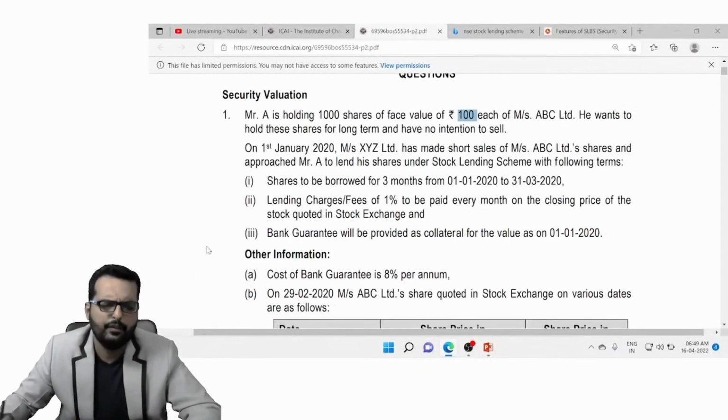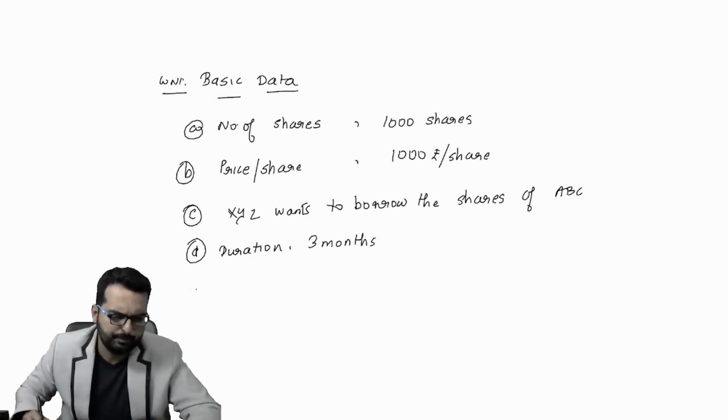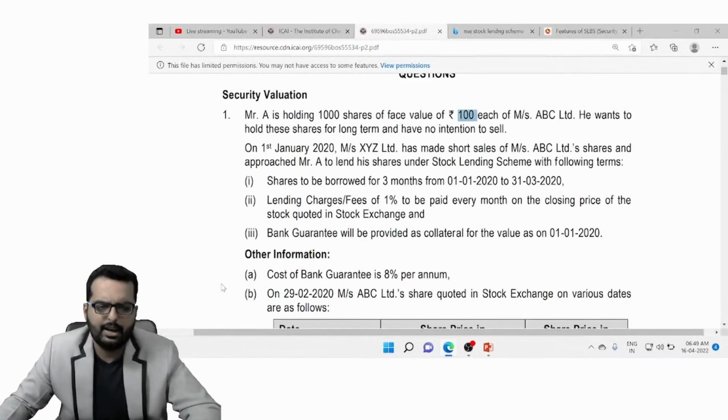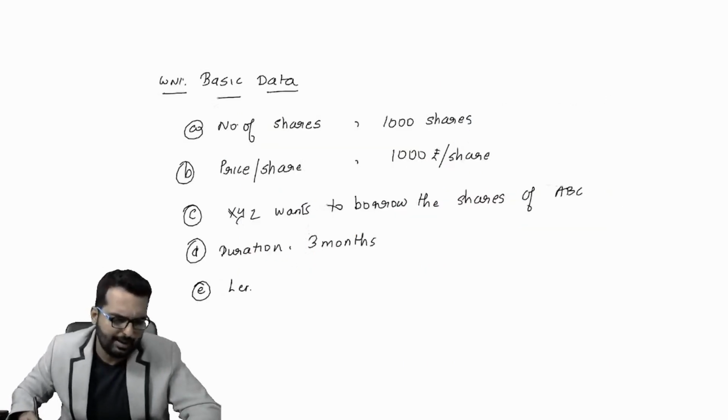Down they have told the duration. The duration will be how many months have they told? This would be 3 months. Next, they have told the lending fee will be 1% on the closing price. Lending charges. They will not lend free of cost.